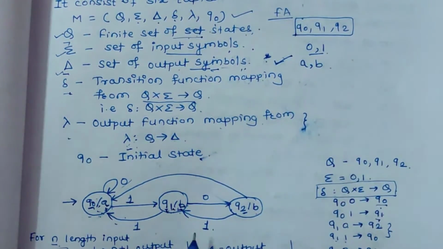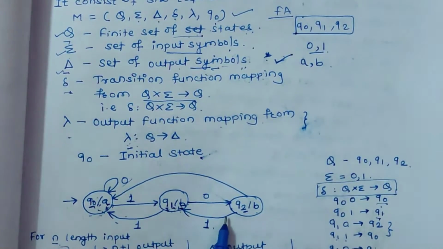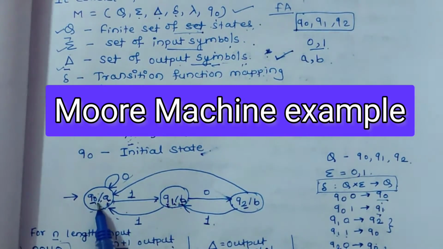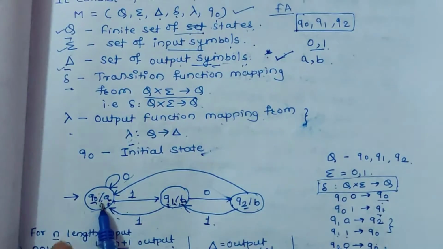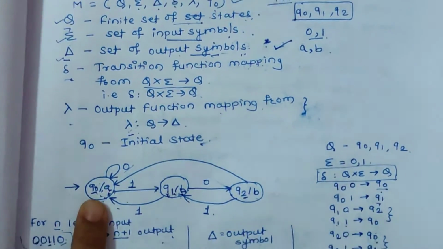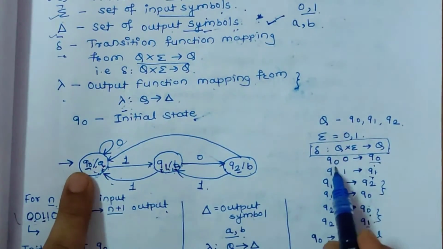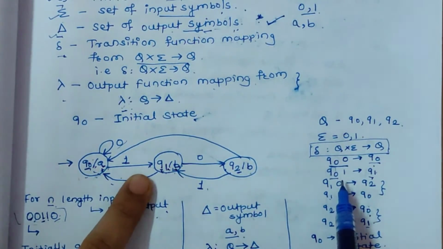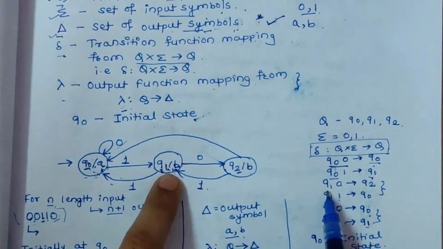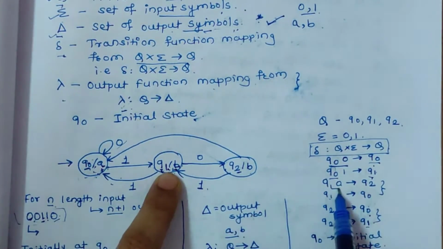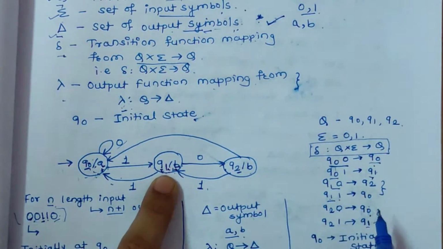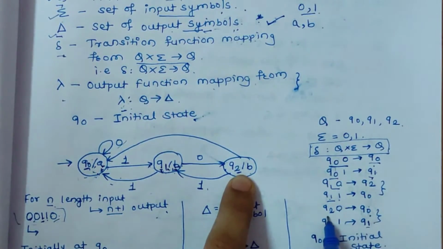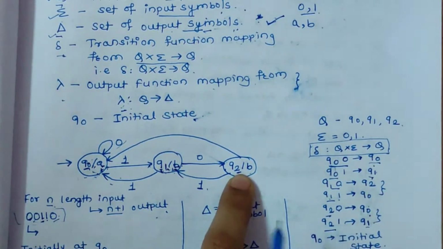Now we discuss how the transition function works here. Here you can see q0 is the initial state. So the transitions will be q0 with 0 input, then q0 with 1 input. Then next is q1 with 0 input, then q1 with 1 input. And next is q2 with 0 input and q2 with 1 input.